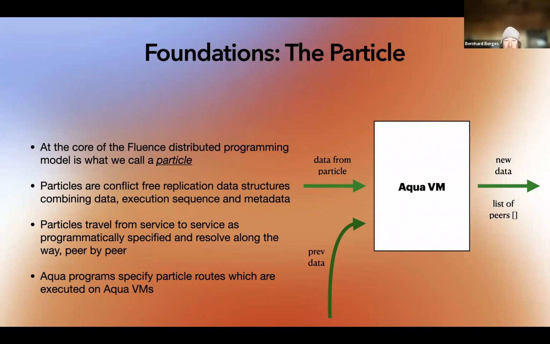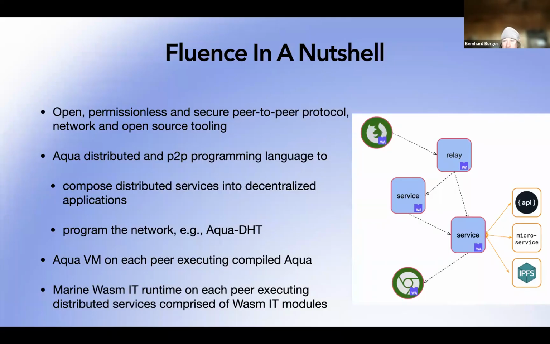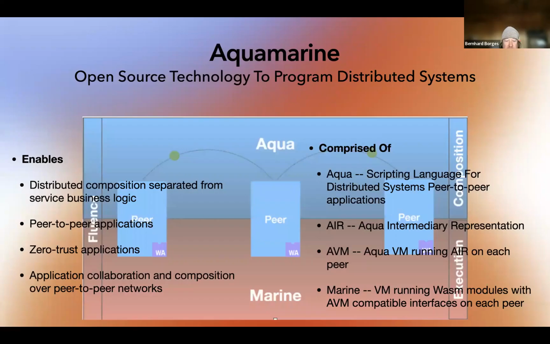And it literally is what's happening here. You create this initial particle at the client, and then you fling it onto the network, and then the Aqua virtual machine starts looking at where it is in the execution script and where it needs to go. And this happens at every hop. So what you get here is, the particles are the little green things up here.